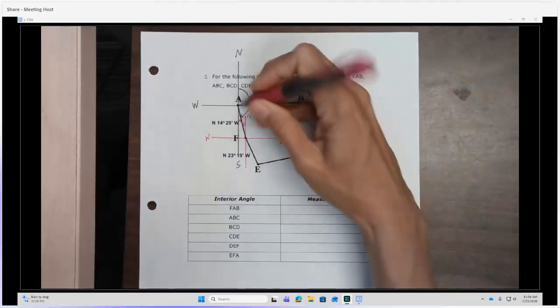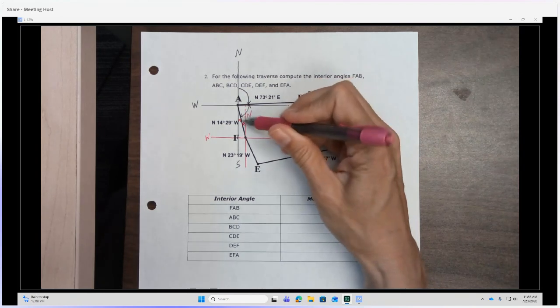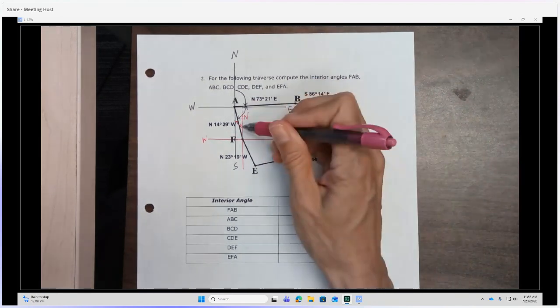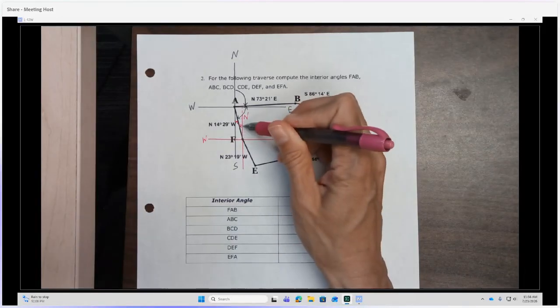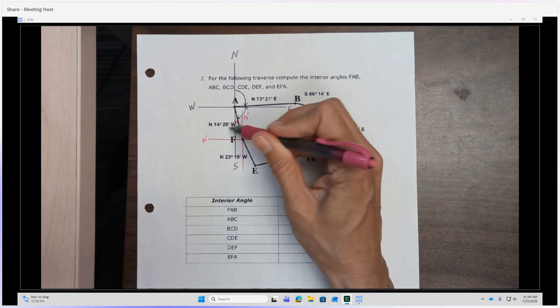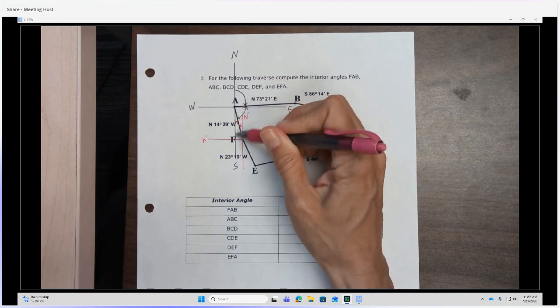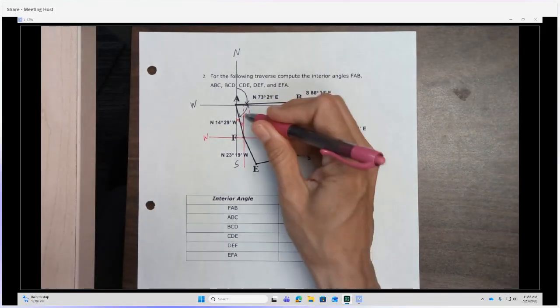But if we remember our rule about rectangles here, we have those alternate interior adjacent angles. So if we know that this measurement off of this north line is 14 degrees, 29 minutes, that is the same measurement of this angle off of this straight line here.